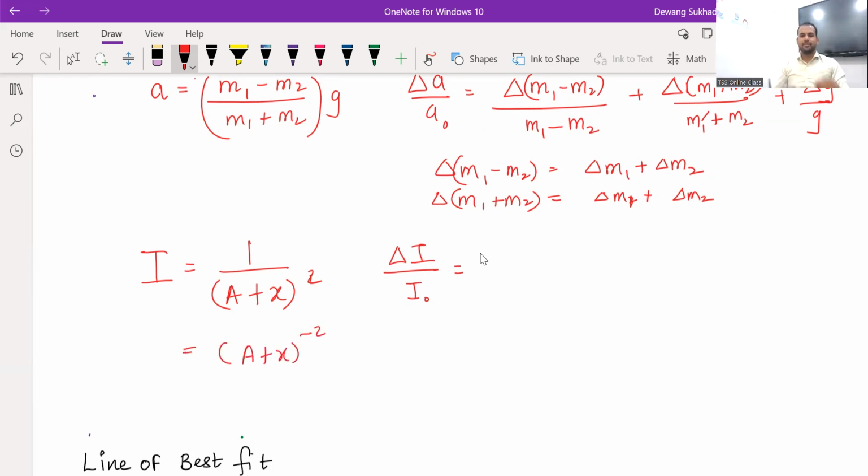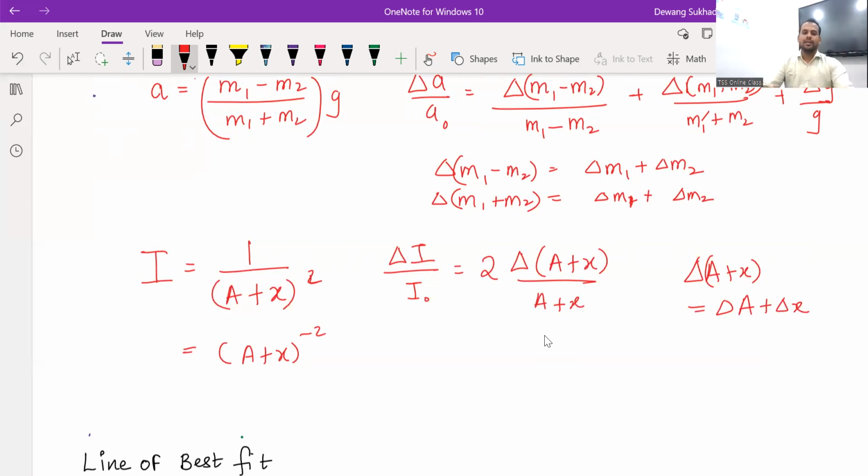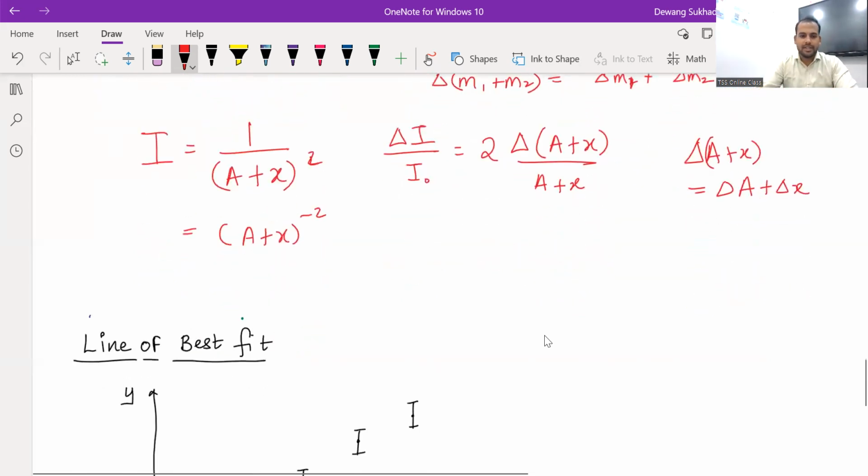It will be minus 2, but we don't take the minus sign. So it will be just 2 times the uncertainty of a plus x upon a plus x. Now we can find the uncertainty of a plus x by taking the uncertainty of a and the uncertainty of x. You can see the difference in how we can usually find different values and the uncertainty of them.